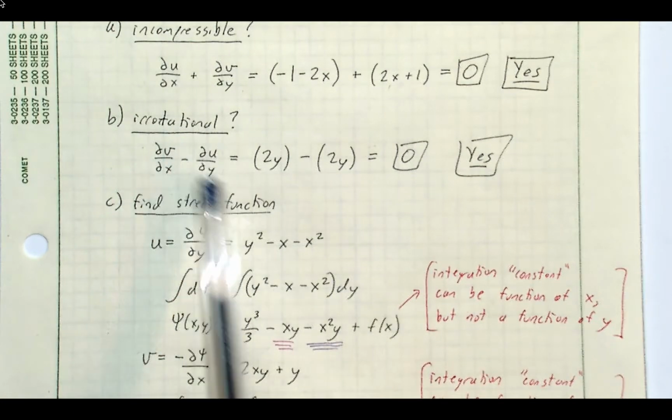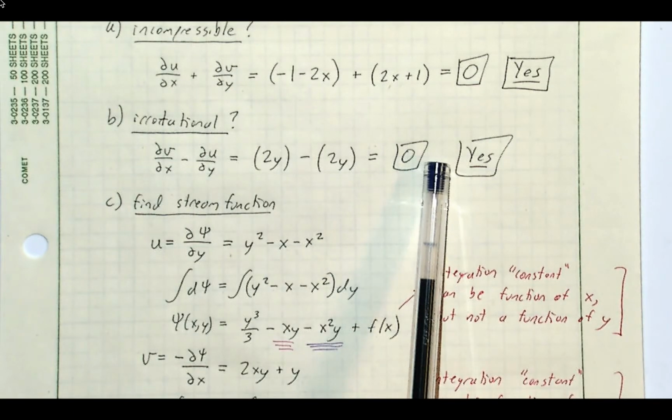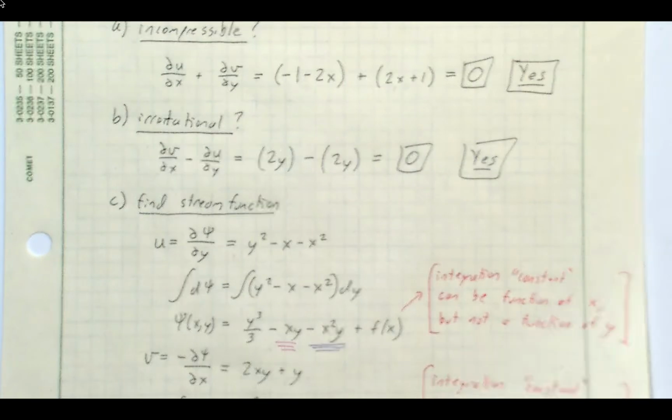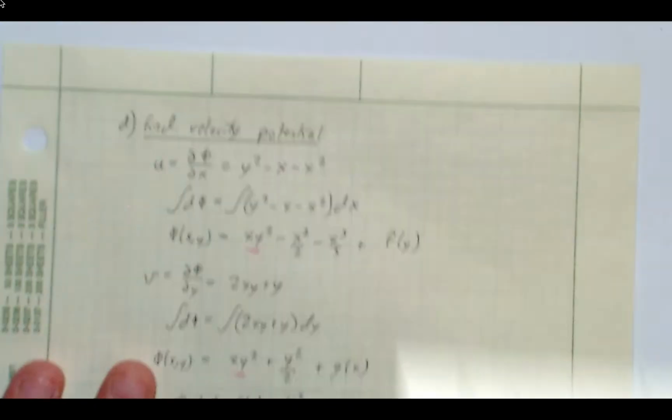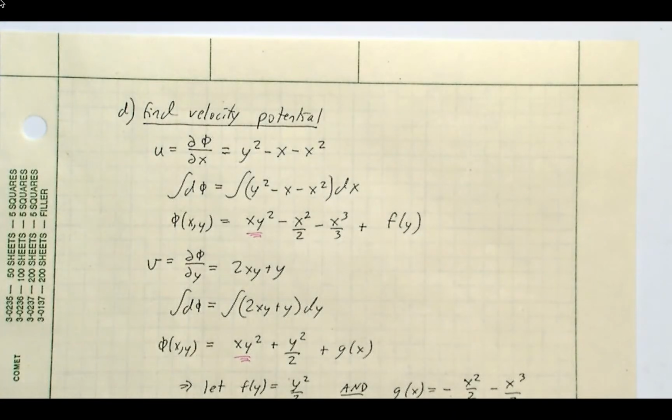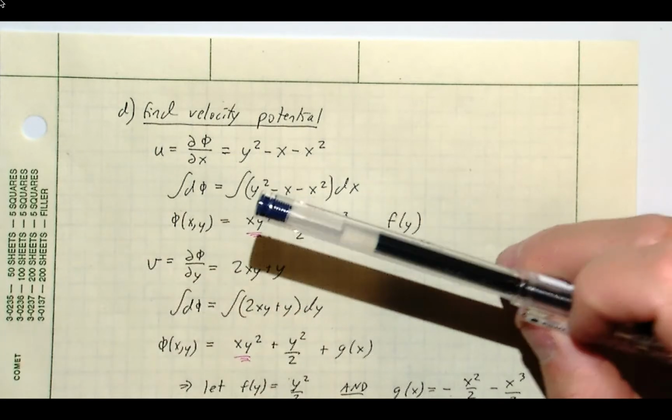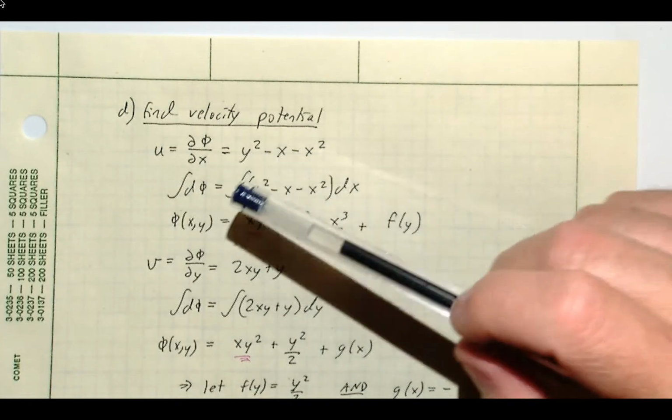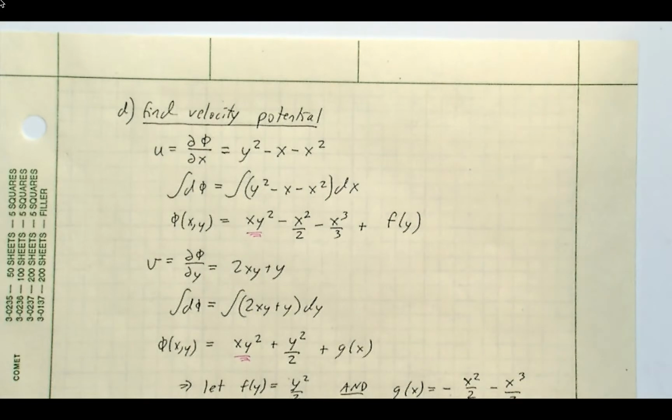If and only if the answer to part B is 0. Okay. So if we have 0 vorticity everywhere in our flow field, that's the only way we can find a velocity potential. So our velocity potential, though, is defined in a very similar way to satisfy that our vorticity is 0.